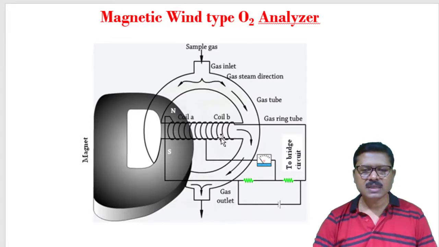So the difference of resistance of this coil and this coil is higher. Now this change of resistance ultimately produces the unbalanced condition of this Wheatstone bridge, which will ultimately give a particular output, and this output is linearly proportional to the oxygen concentration in the sample. So in this way, the magnetic wind type oxygen analyzer measures the oxygen concentration in the unknown sample.